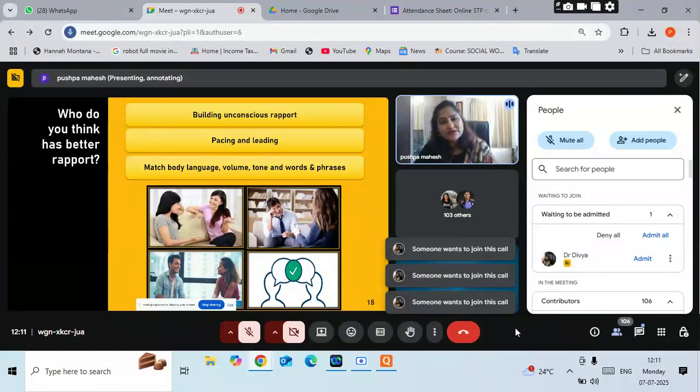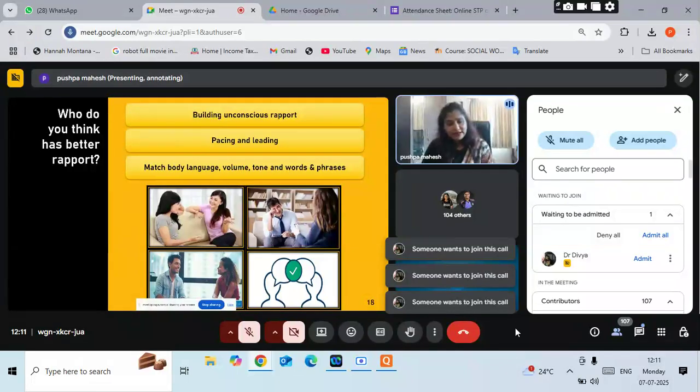So do it without the other person knowing. I know all of you are very good at Googling, so kindly go and Google about all these things. You'll find a lot of info on the internet about pacing and leading and building unconscious rapport. Match their body language, volume, tone, and words and phrases.